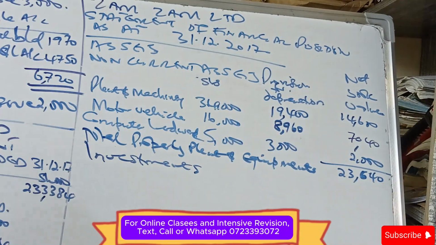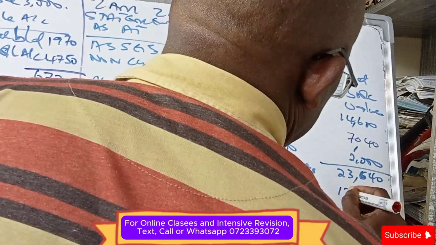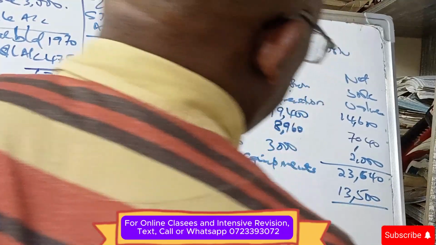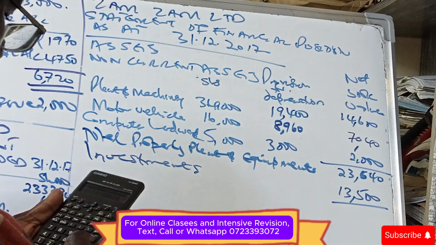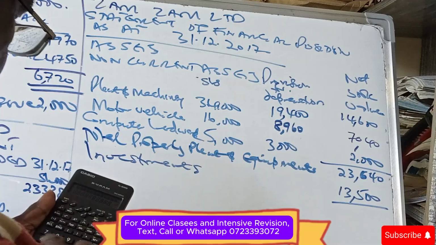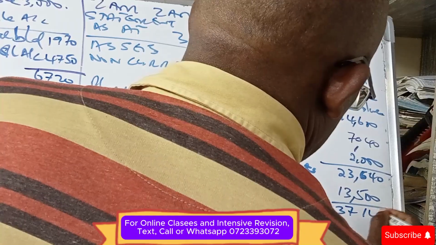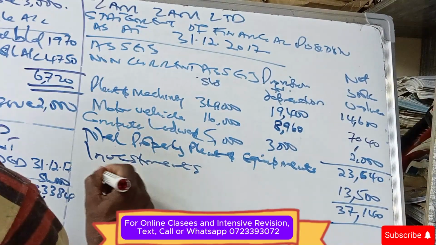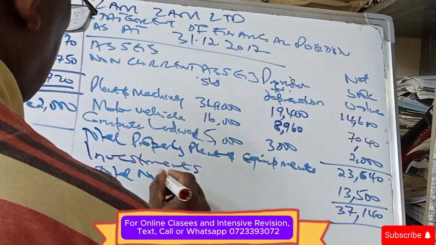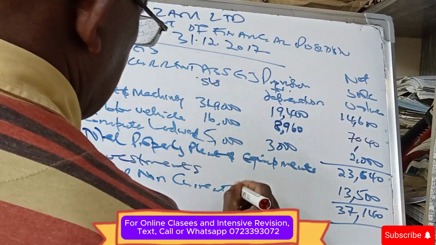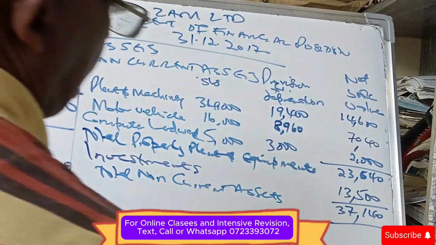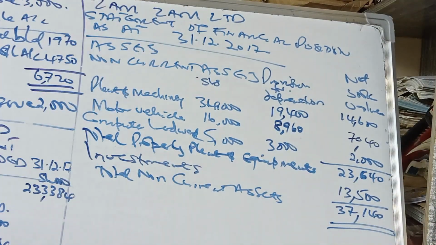The investment in the trial balance amounts to 13,500. 23,640 plus 13,500, we get a figure of 37,140. Total non-current assets, 37,140.